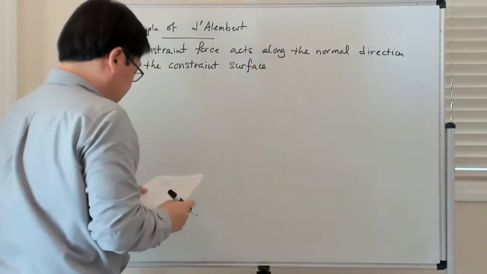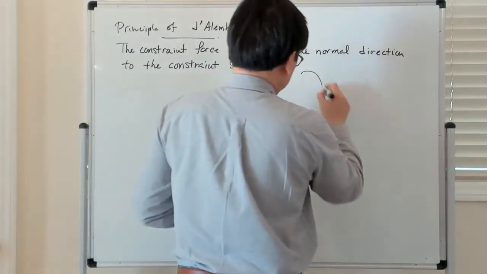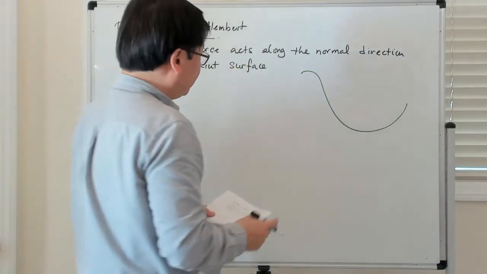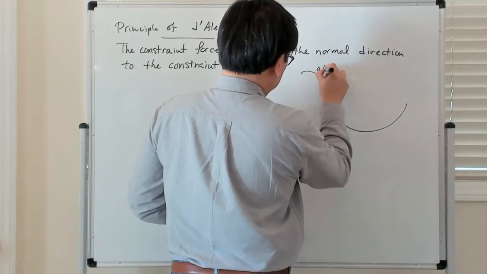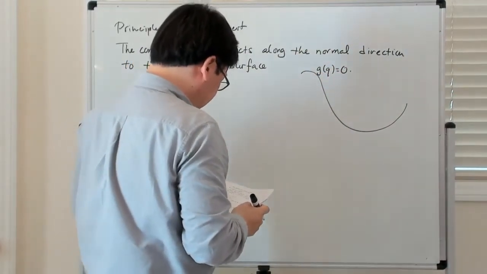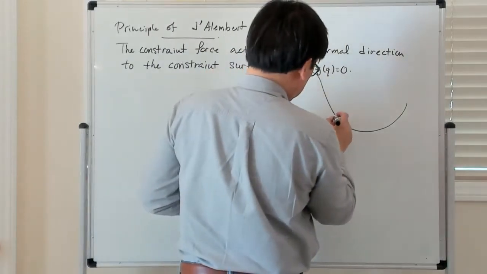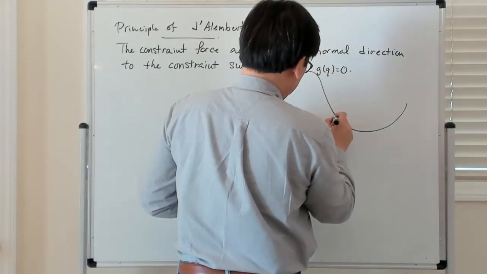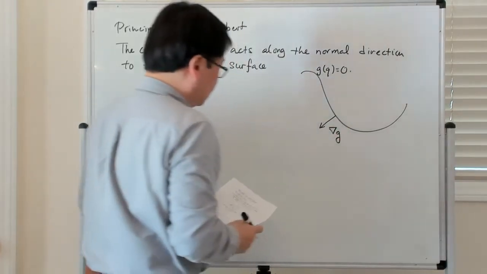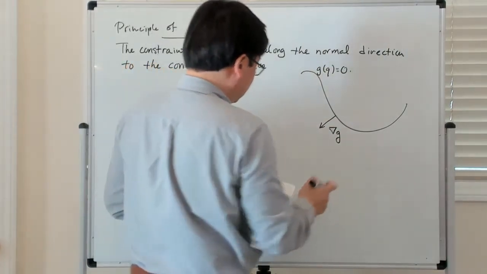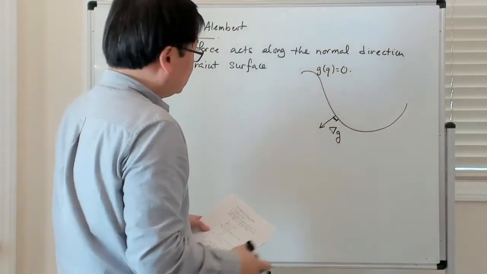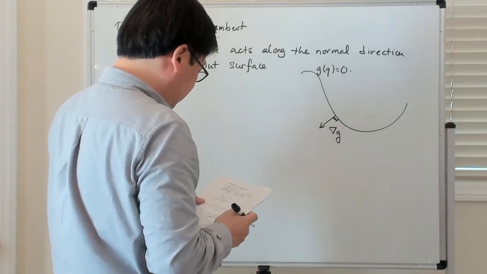So if your constrained surface happens to be the zero level set of some function, let's say g of q is 0, then the gradient of g is going to be pointing in a direction which is perpendicular to this zero level set.